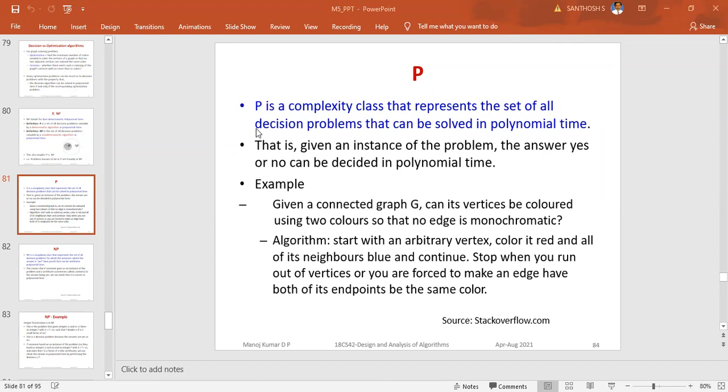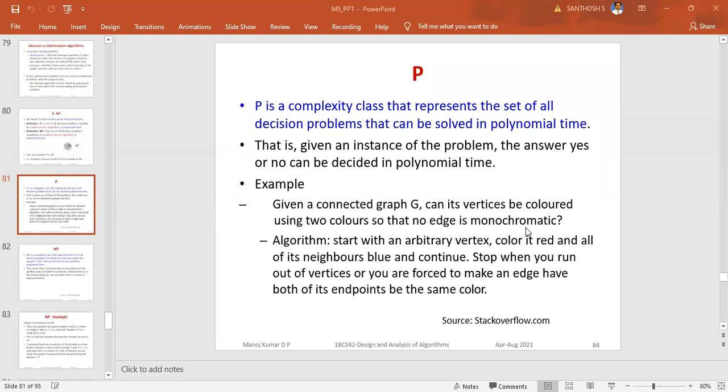So P is the set of all decision problems that can be solved in polynomial time. That is, given an instance, the answer yes or no can be decided in polynomial time. What are the examples? Given a connected graph G, can its vertices be colored using two colors so that no edge is monochromatic? Monochromatic means the same color.